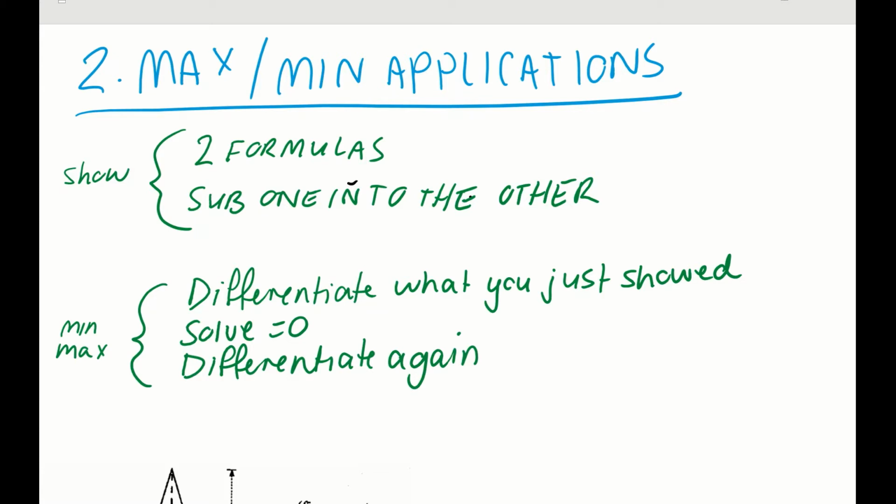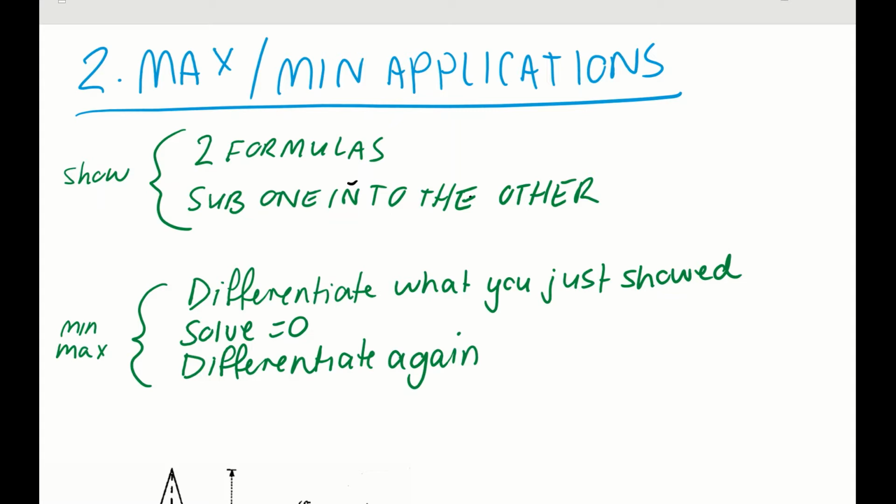So for the show part, which is often actually the hardest part for most people, to show it can be written as some sort of formula, my best tip for you, after doing many types of these questions, is to start with 2 formulas. Then it's just a matter of subbing one of the formulas into the other. Sometimes that step may vary, but a lot of the time that's all you're doing.